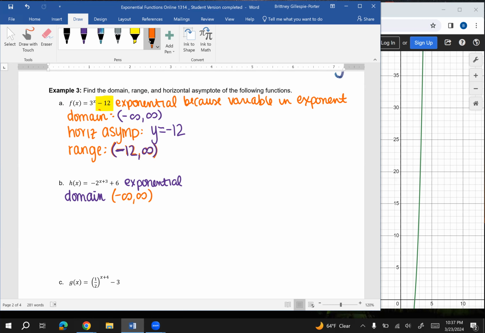We can plug in anything we want and still get an answer. Our horizontal asymptote is what we add or subtract at the end after the exponential piece, which in this case is plus 6. So we're going to say that our horizontal asymptote is y equal to 6.